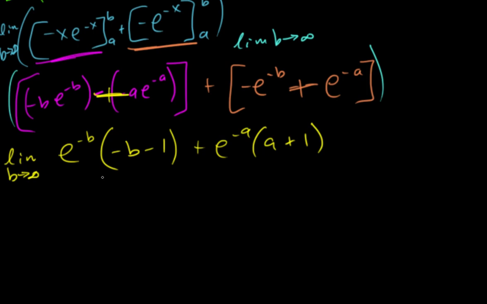All right, let's write this a little bit differently. So limit as b approaches infinity of negative b minus 1 e to the negative b. Now over here there's no b's involved, so we don't really need to worry about that limit anymore. So we just have a plus 1 over e to the a.